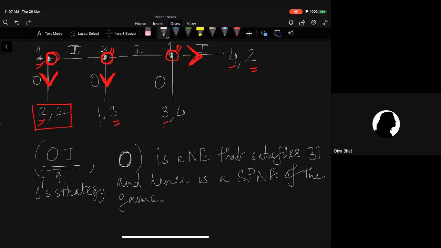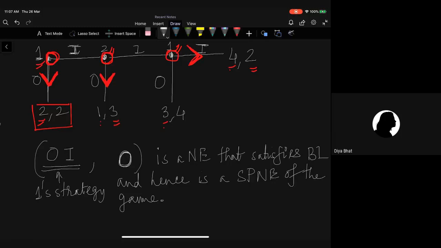Now this idea of strategies in a sequential move game is a bit different than the idea of strategies in a simultaneous move game.